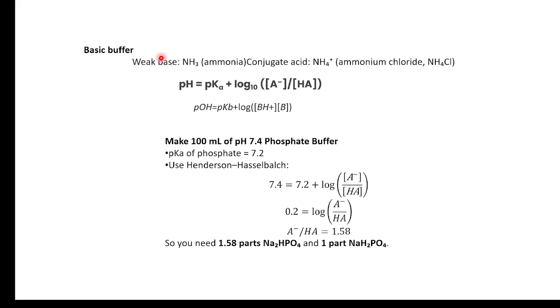Now, for the basic buffer, an example is ammonia, that will work as a weak base, and its conjugate acid, which is the ammonium ions.